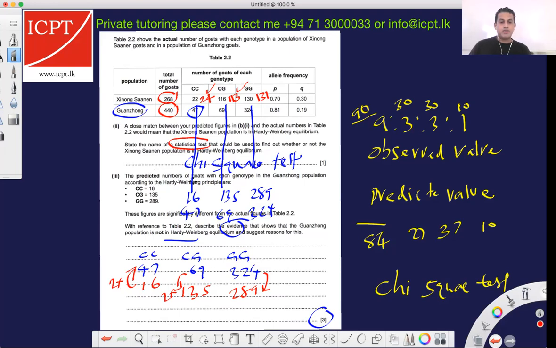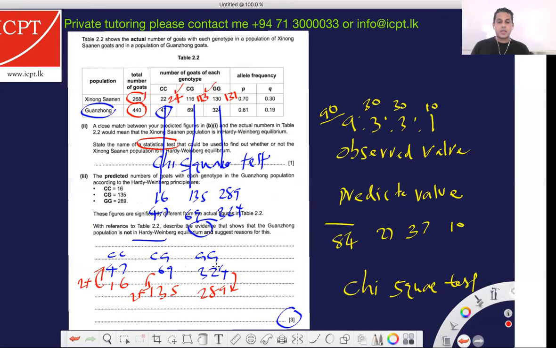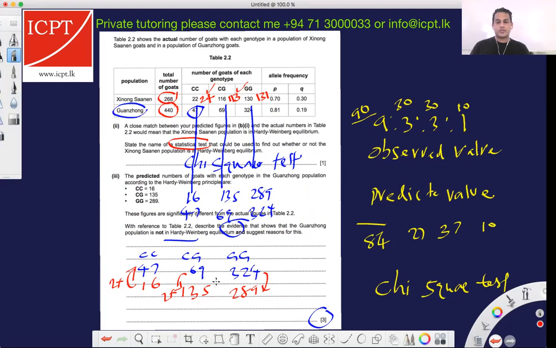The predicted number of goats with each genotype in the Guangdong population, according to Hardy-Weinberg, is 16, so this increased. This is very high, right? And then this one is reduced, and 289 is also reduced.